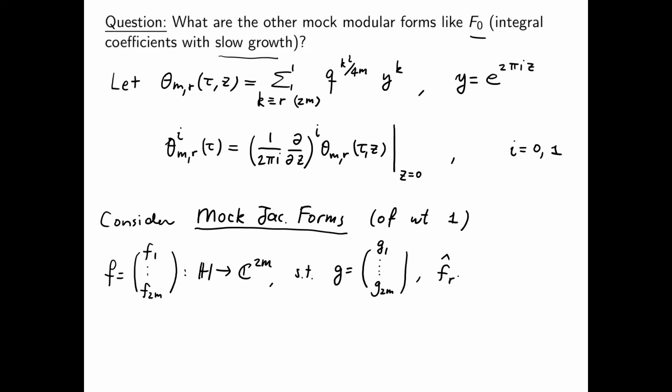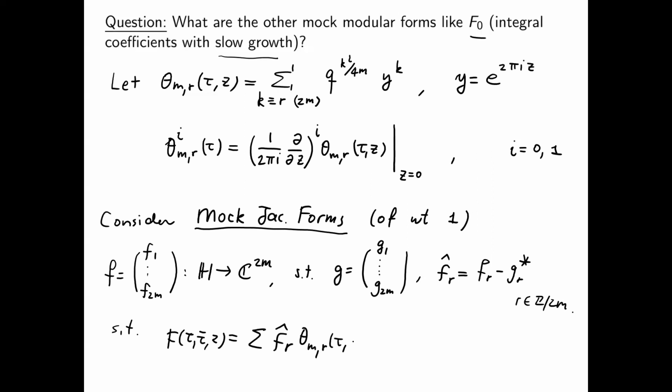And then, of course, that will lead to a vector of completions. Okay, so R is such that, when we combine these completions with the theta function with two variables, so this is not 2, this is my z, I apologize, then it transforms just like a usual Jacobi form.